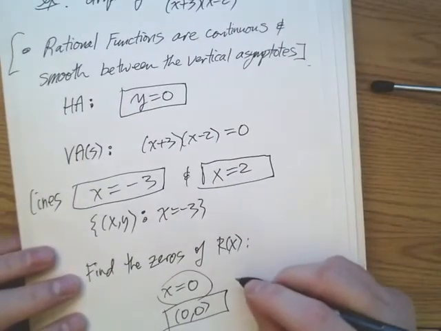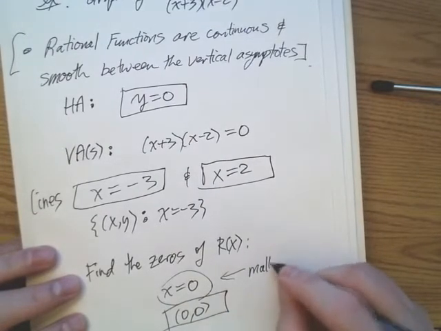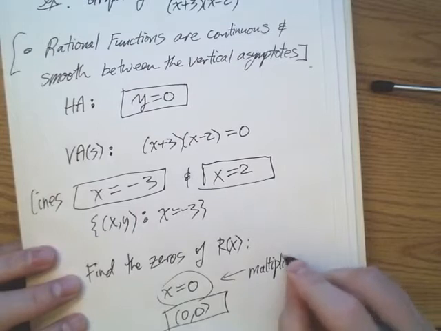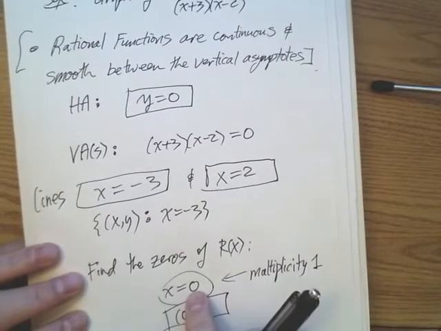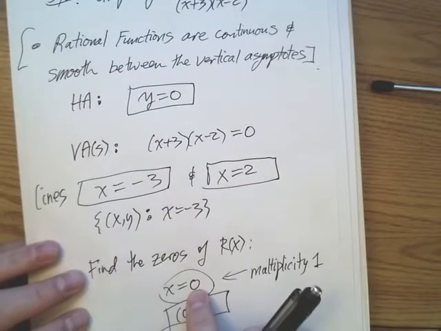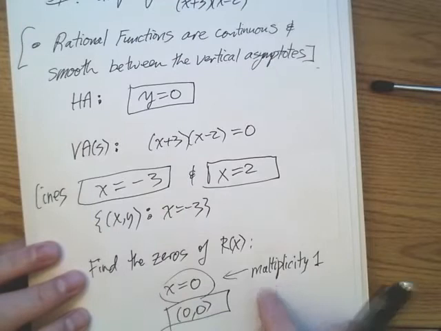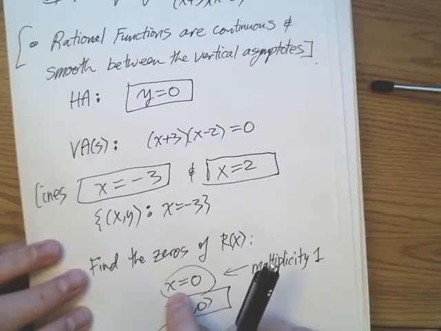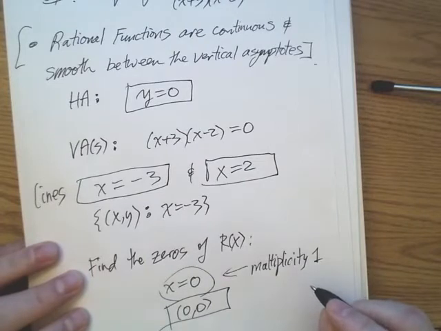I want to know the multiplicity here. What's the multiplicity? Well, you can see this is a simple zero. Multiplicity equals 1. x equals 0 just one time. If that was x squared, that would have multiplicity 2. If it was x cubed equals 0, that would have multiplicity 3.